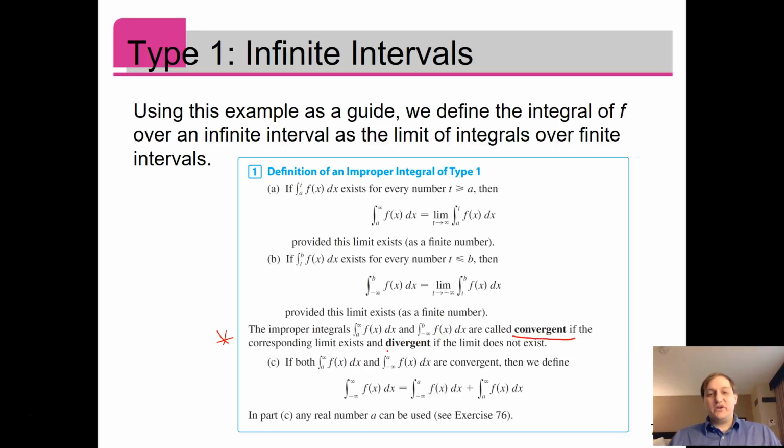Convergent versus divergent. If the improper integral exists, if the limit exists, we say that it's convergent. And if the limit does not exist, we say it's divergent. In essentially every scenario where this is going on, if it doesn't exist, it's because it's going off to infinity or negative infinity.